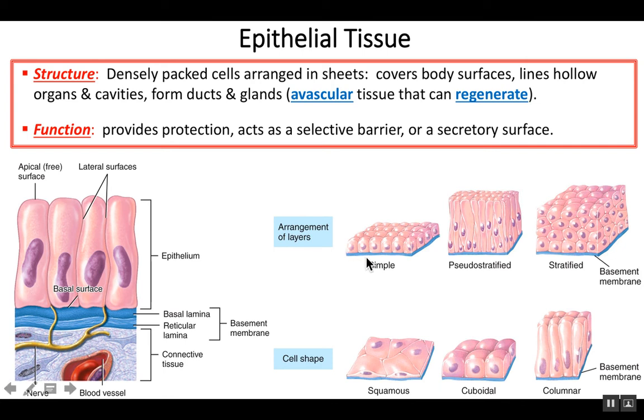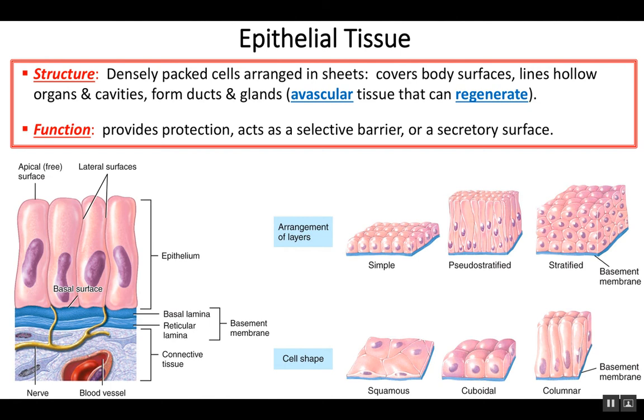These drawings help you understand how we name a specific epithelial tissue. The first set of names is based on how many layers there are. If there's a single layer of cells, we use the word simple. If there's many layers of cells packed on top of one another, we call that stratified. A strata is a layer. So if you're stratified, you have many layers.